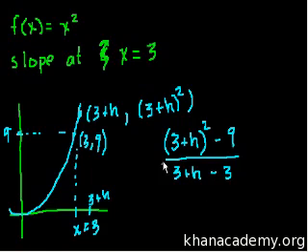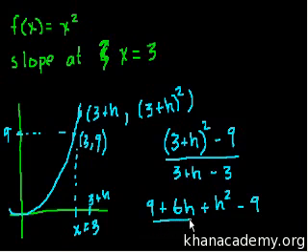So if we multiply out the top part, what's 3 plus h squared? That's 9 plus 6h plus h squared, and then you get the minus 9.